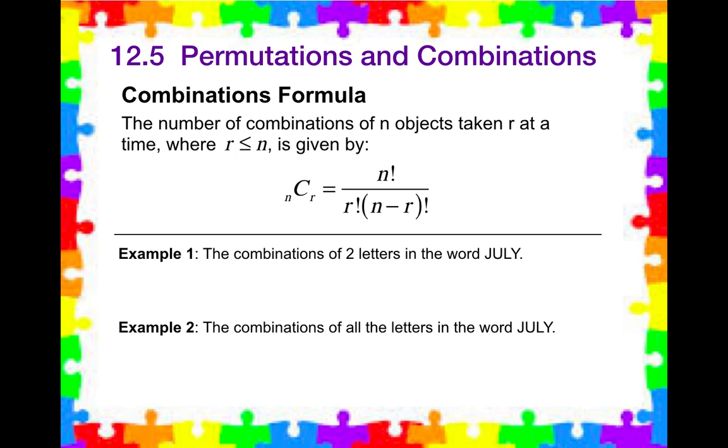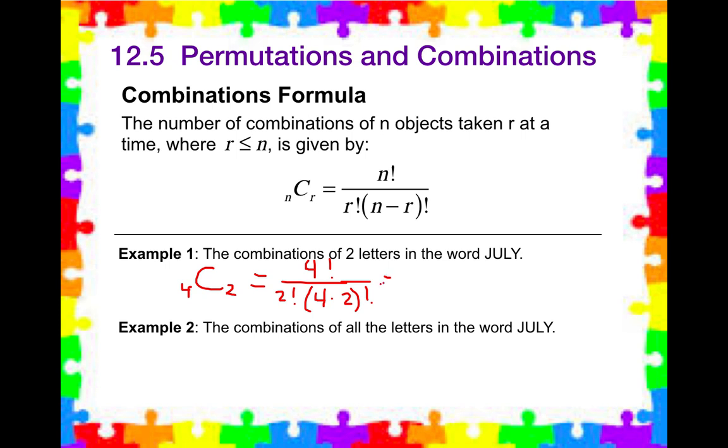So the combinations of 2 letters in the word July, that's going to be, we have 4 letters to choose from and 2 that we're going to choose. So it's going to be 4 factorial over 2 factorial times 4 minus 2 factorial.